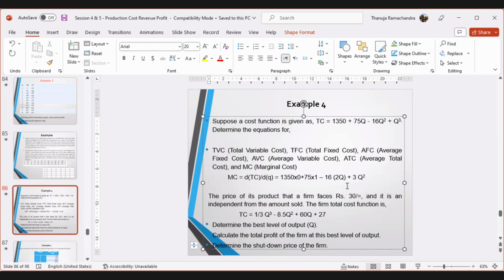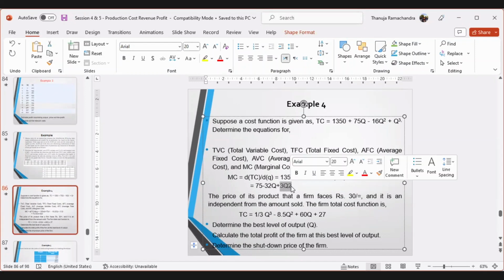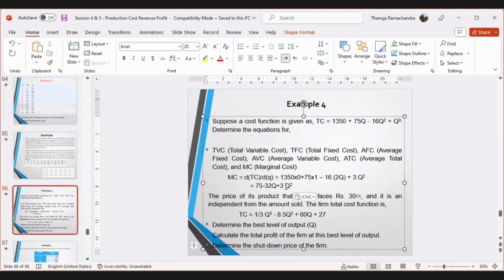So it's 32Q. So you can simplify: that is 75 minus 32Q plus 3Q squared. So this is the marginal cost equation.